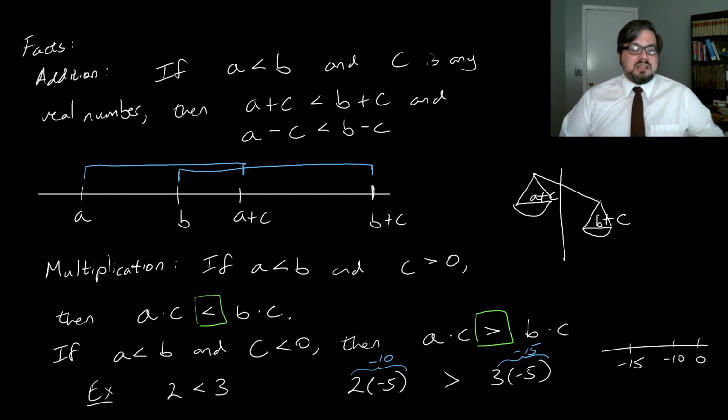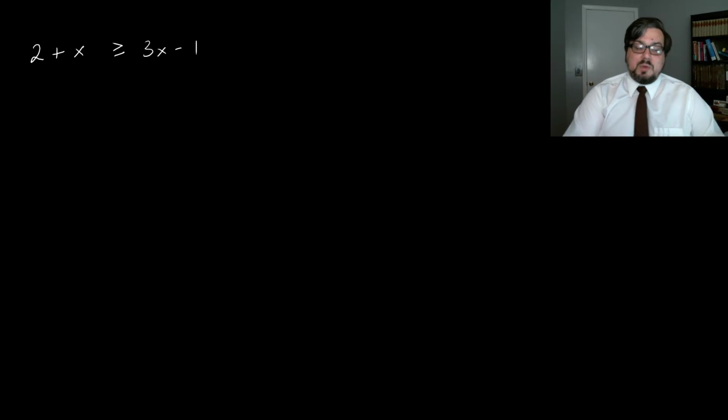So let's start talking about solutions to inequalities and how we can find them and express them. So we might look at inequalities of the form, let's say, 2 plus x is greater than or equal to 3x minus 1. And this inequality is going to be sometimes true and sometimes false.